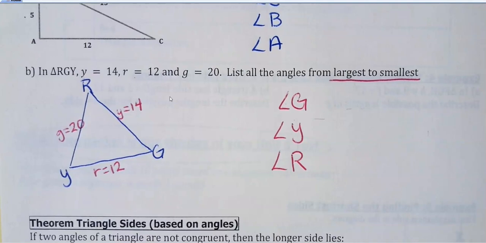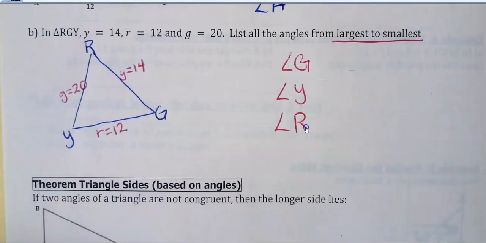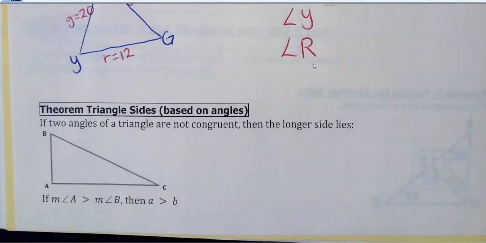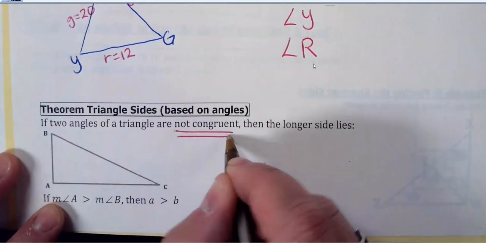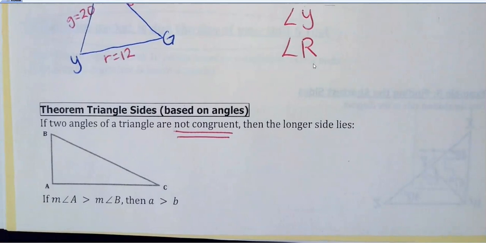Okay, very similar theorem, but I'm going to kind of flip the script, and this is going to say list the sides in order based on the angles. So this says if two angles of a triangle are not congruent, again, if you have congruent angles, the sides across from them are going to be the same length. So that's why it says not congruent.